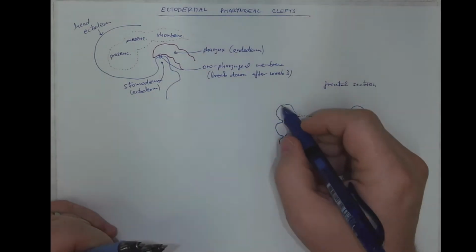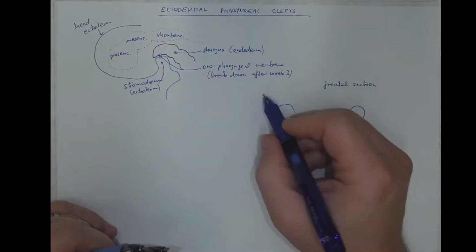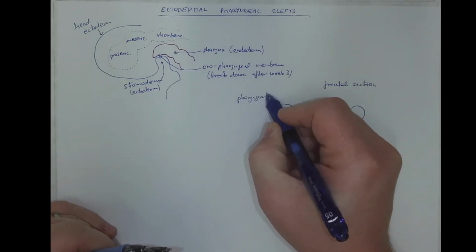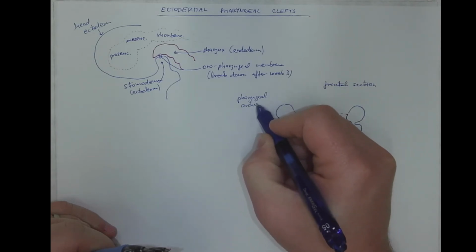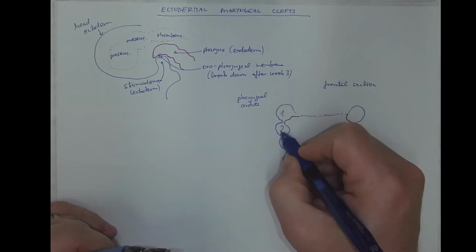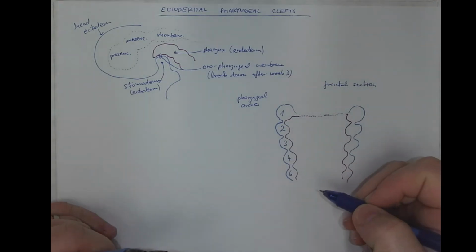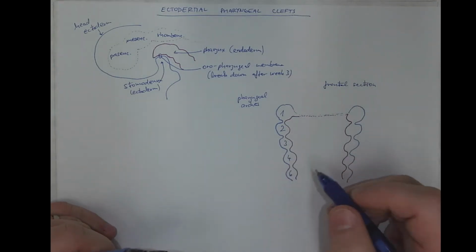So let's label the arches, okay? Pharyngeal arches. The first, the second, the third, the fourth, and the sixth. The fifth one is not distinguishable.